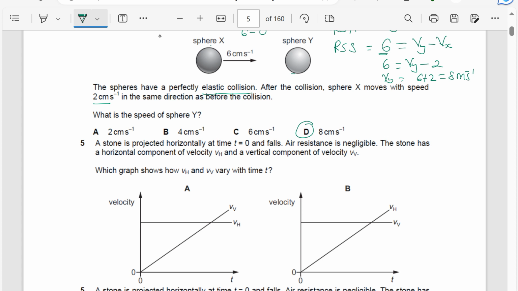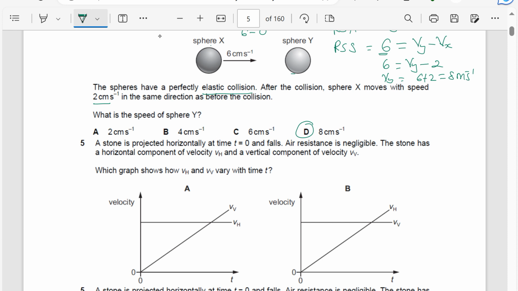A stone is projected horizontally at time t equals 0 and falls. Air resistance is negligible. If air resistance is negligible, acceleration is uniform, or constant.